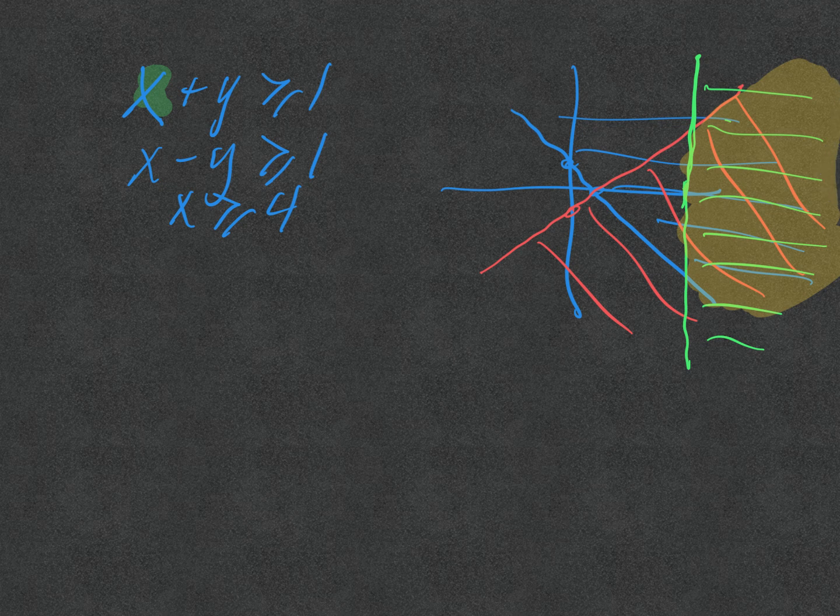But what I wanted to mostly show you is that the more lines you have, the more cross-hatching you have to look for, and to find the area where all three equations are satisfied at the same time. Okay? And so it would be over here in the highlighted yellow.